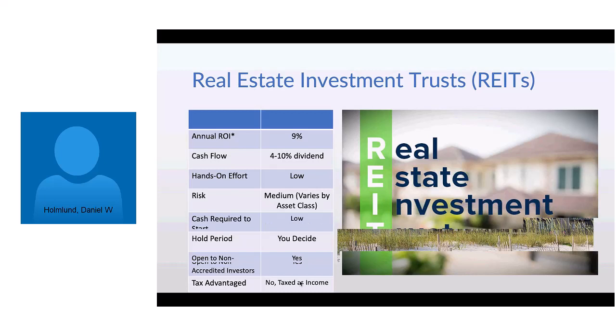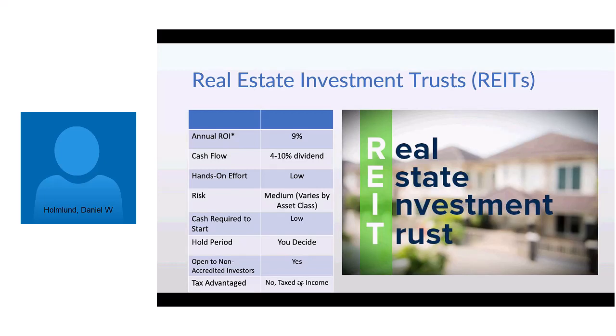Real estate investment trusts. Real estate investment trusts were popularized by Sam Zell. Sam Zell is a Chicago investor who is responsible for Equity Residential and a lot of large real estate groups. He was very instrumental in popularizing the real estate investment trust.